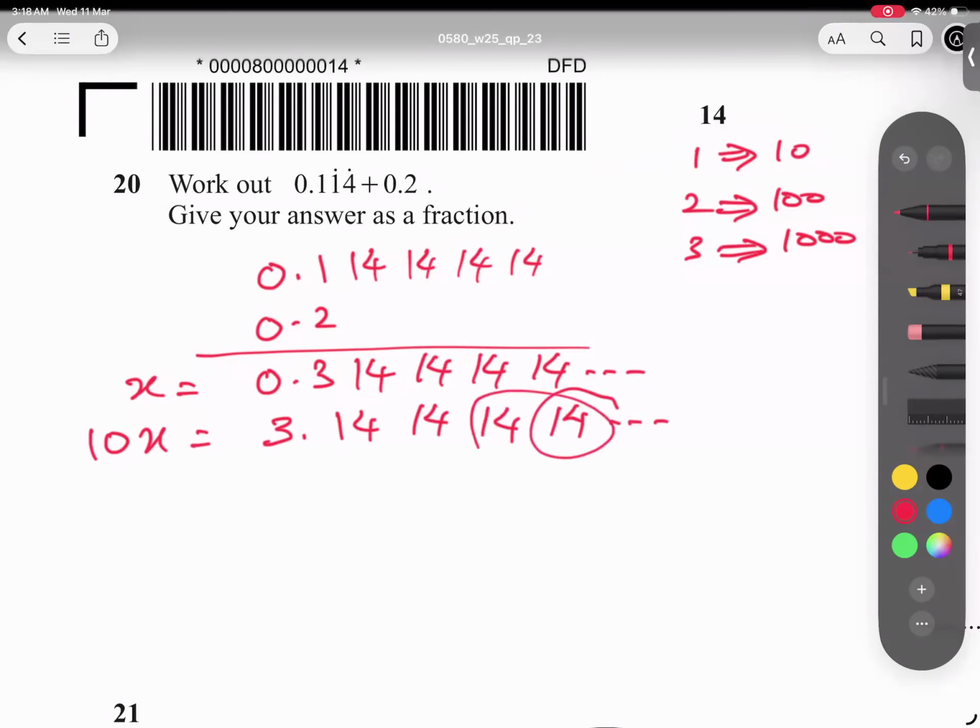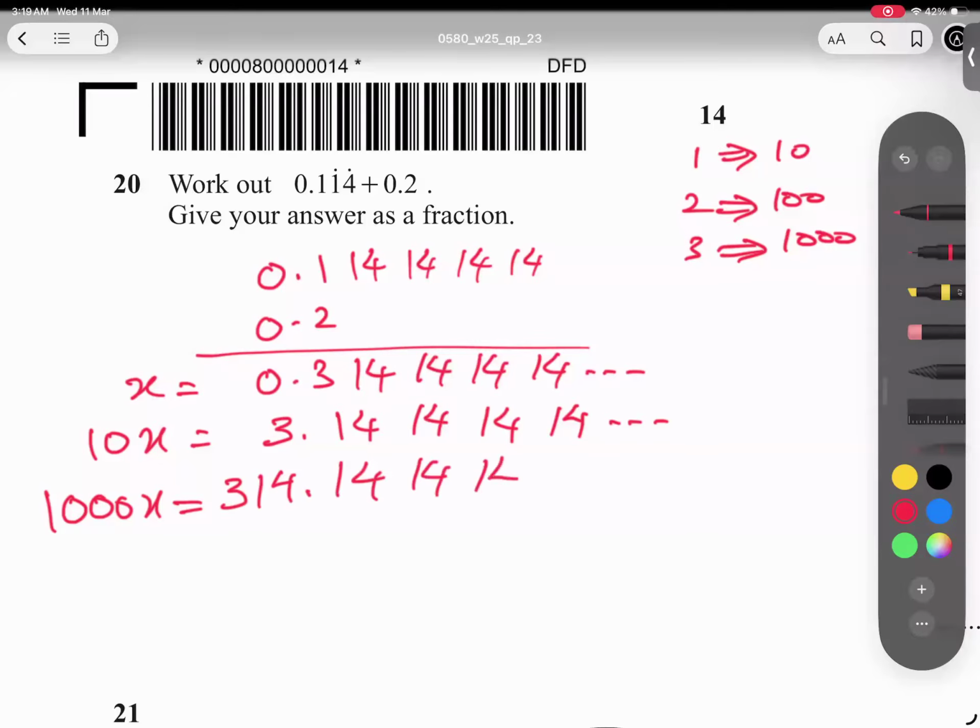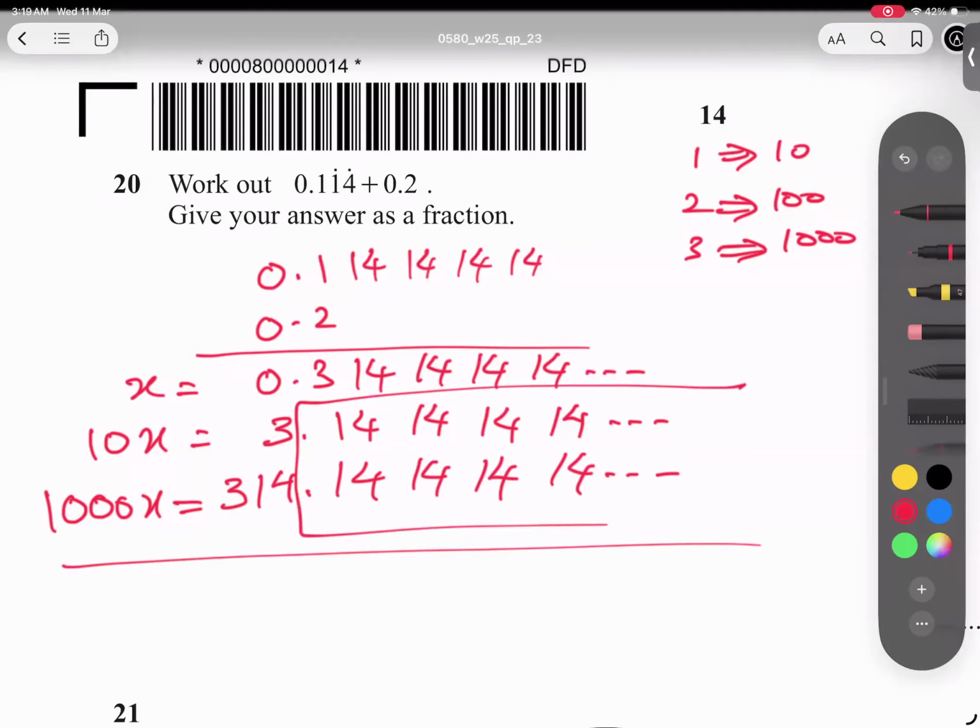You see, the groups are not broken, they remain the same. Now I need three jumps, so 1000x: 1, 2, 3. So this 314 will come before the decimal. So I'm writing here 314.141414 and so on.